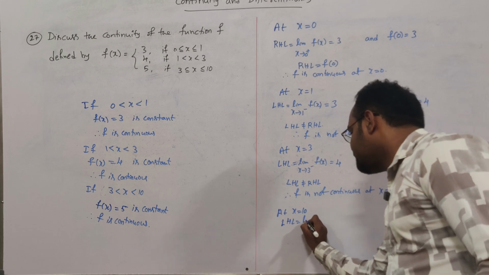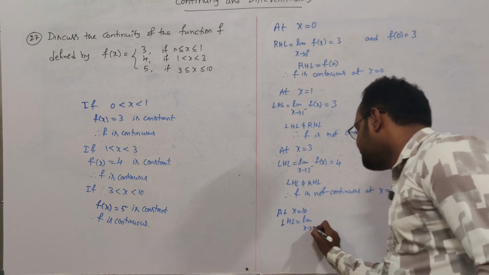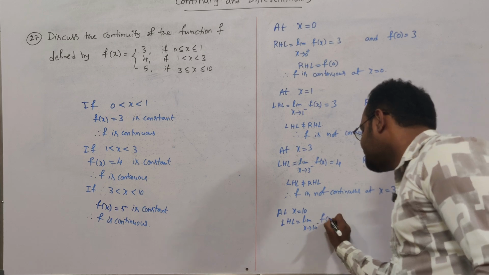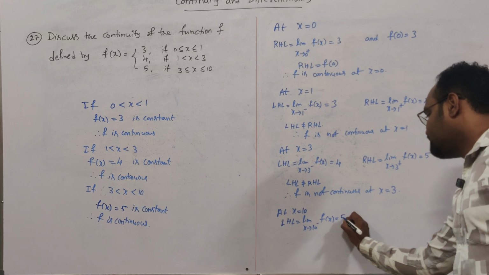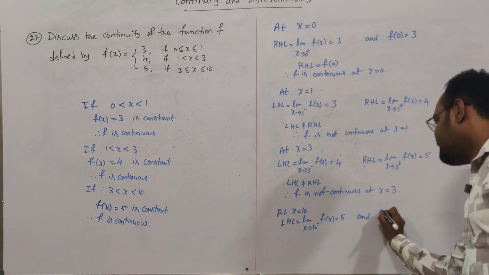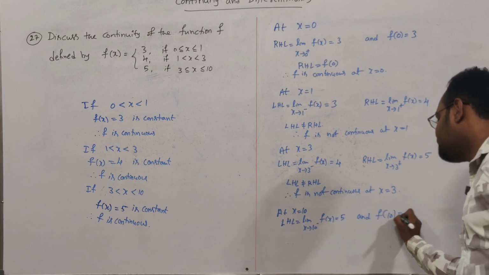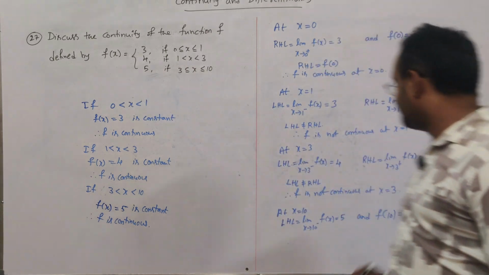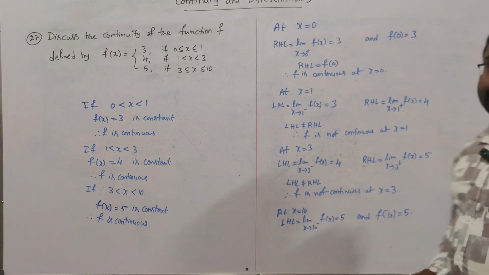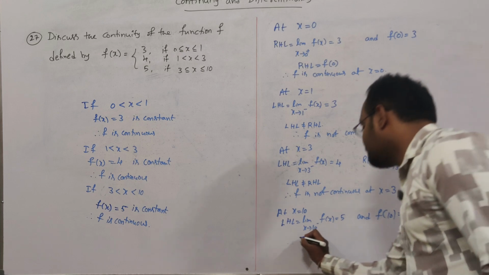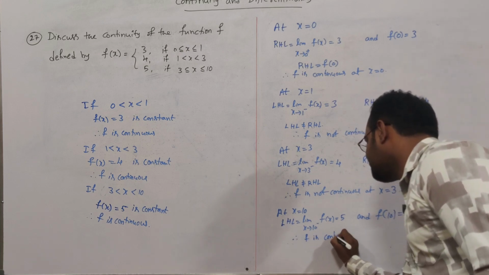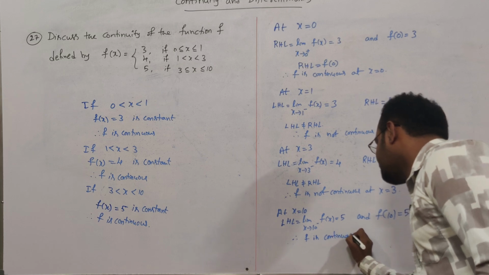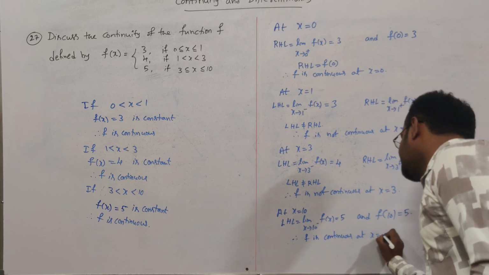LHL: the limit as x tends to 10 minus of f of x, for less than 10 the function is 5, and even f of 10, when x is equal to 10, the function is 5 only. Both are the same. So therefore f is continuous at x is equal to 10.